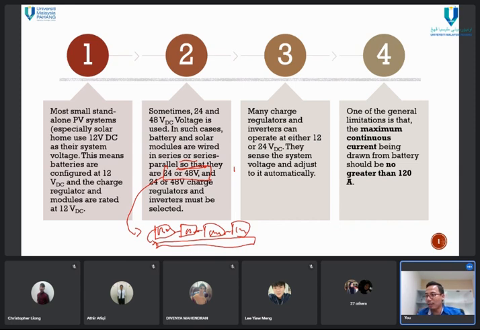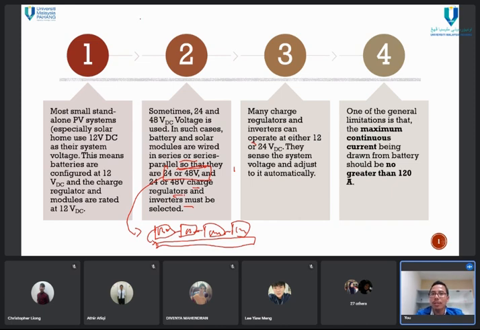But the risk is there. I told you, the risk is there, because during the connection, if you make a mistake, it can lead to safety issues lah. And for the case of 24 and 48 volt, the inverter or charge controller must be appropriately selected.